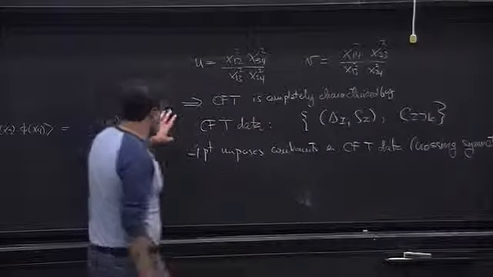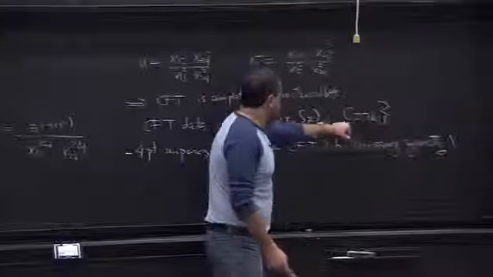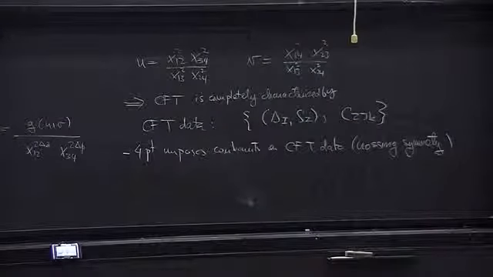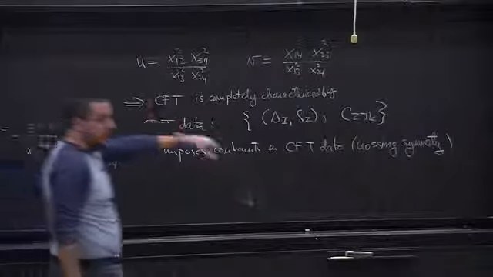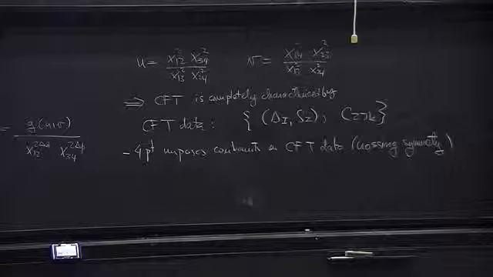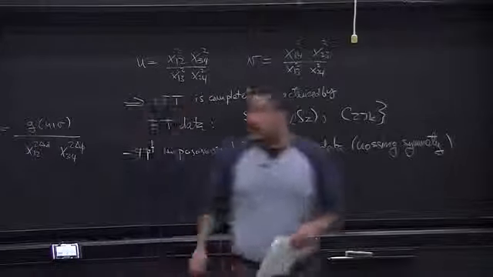So if you wish, the classification of CFTs is the classification of this quantity. And this is kind of a generalization, you can think of it as an analog of classifying Lie algebras. What are the possible Lie algebras? Well, here you have some data that also looks a little bit like a Lie algebra. You want to see what are the possible CFT data that are consistent. Okay, so now let's get cooking.